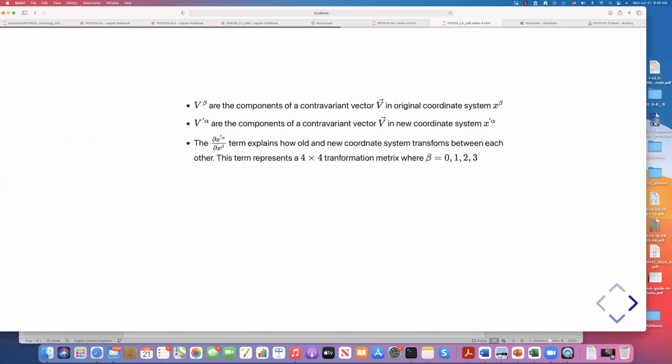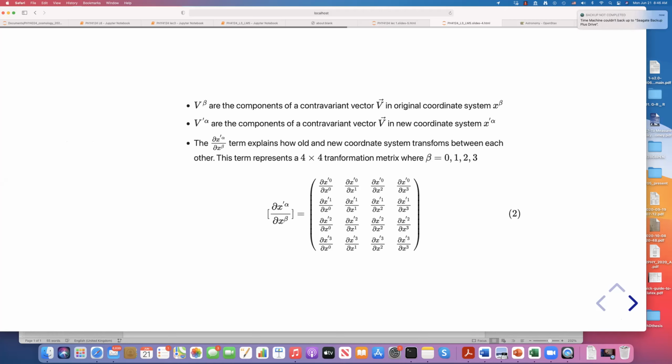And then this expression right here, ∂x'α over ∂xβ, explains how old and new coordinate systems transform between each other. This term is represented by a 4x4 transformation matrix where beta goes from 0 to 3, as this is a 4-dimensional space-time, and this is how it looks.